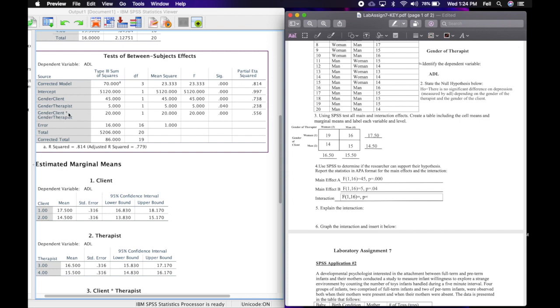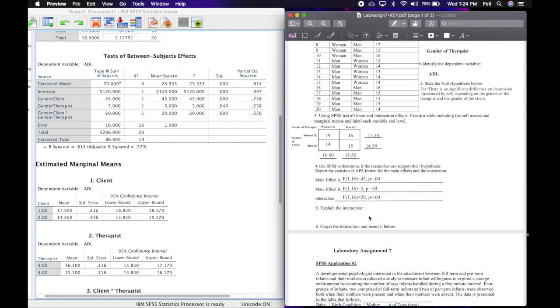So it's showing gender client by gender therapist, the interaction. I have an F value of 20, so I'm going to write that after the first equal sign, and then I have a p-value of 0.00. So for the interaction, I would be able to reject H0, p less than 0.01.